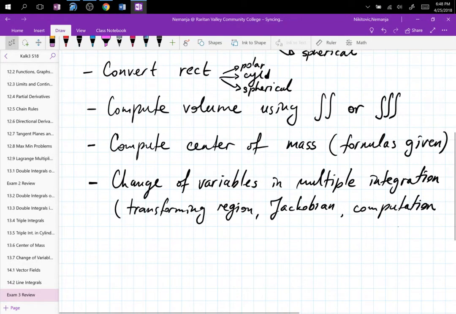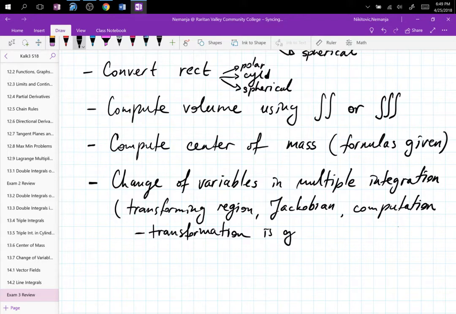By popular demand, the transformation is given, unless you request not to be given the transformation, in which case you would have to find it first and then deal with the rest.